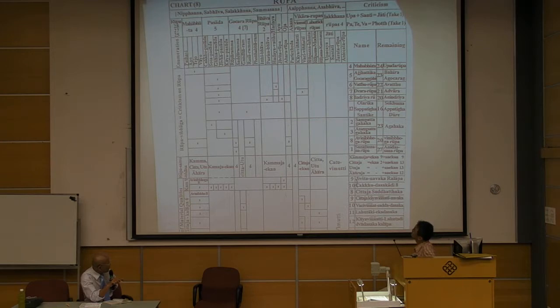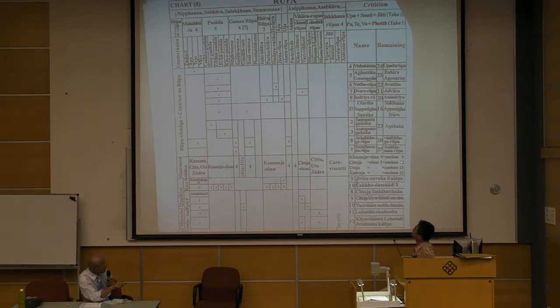So consisting of 2 Cittaja Ekaja rupa, the 2 intimation materialities. They are produced by Citta alone. And this 13 Anekaja rupa means they are produced by Citta as well as by other causes.